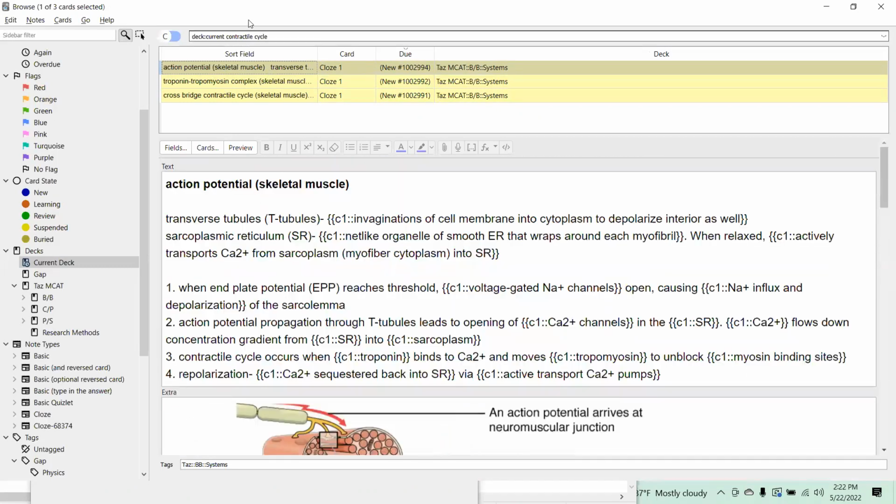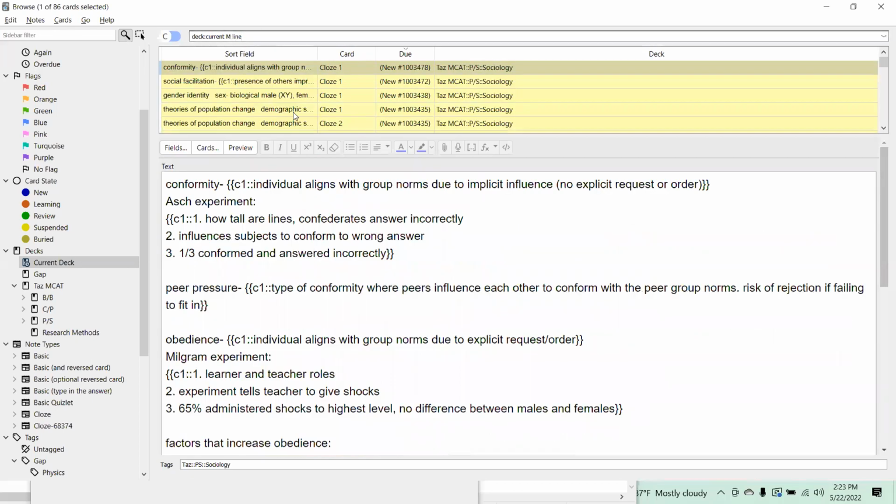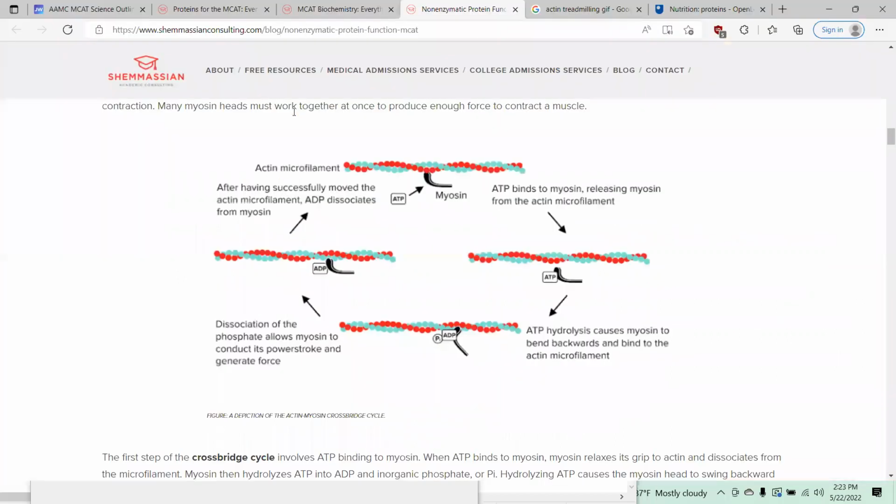Okay, I can't find a very good one, but basically the idea is that when this happens repeatedly, it gets pulled until you can't pull anymore and you've contracted fully.